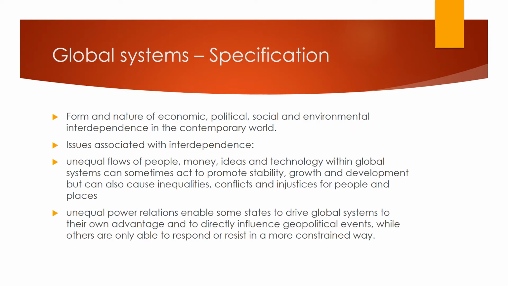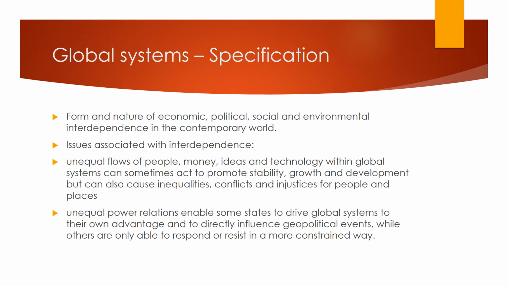So in the specification then, for the global system section, it says the first part then, form and nature of economic, political, social and environmental interdependence in the contemporary world. Issues, so that's the current world. Issues associated with interdependence.